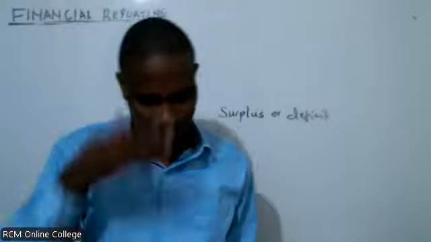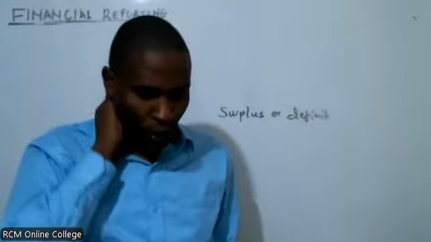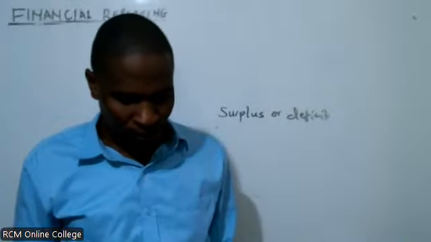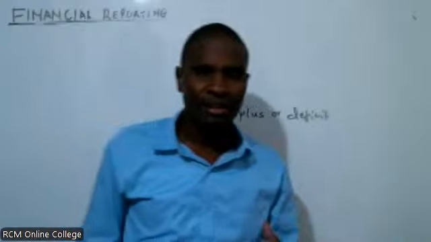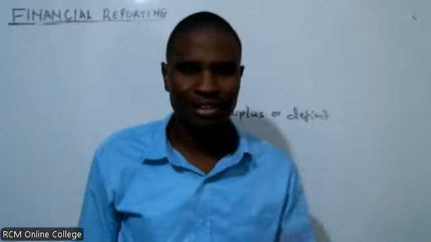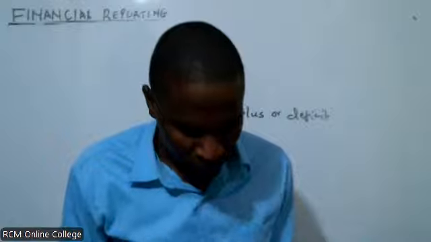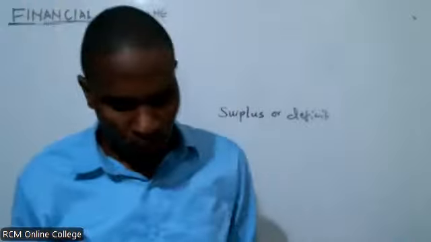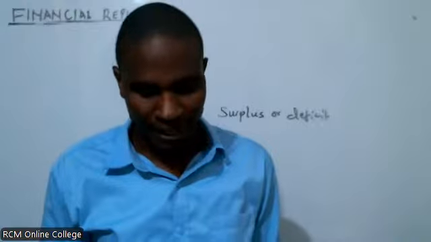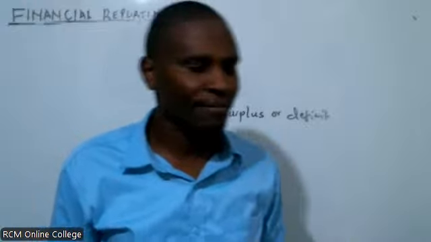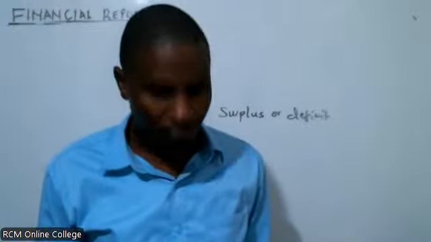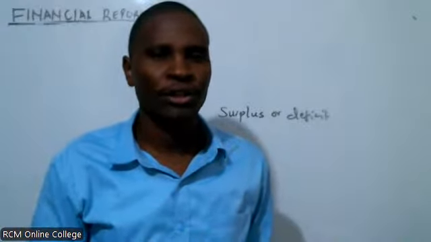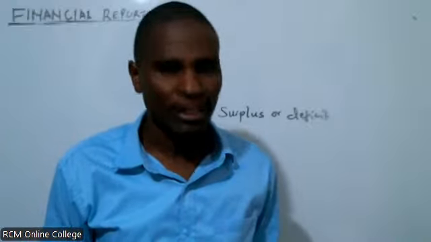So we say that an entity should only change its accounting policy. This is important, you might get it somewhere, regarding the frameworks and the process followed. An entity should only change its accounting policy if required by an IFRS standard. You don't just change; you change if it is a requirement by the standard.